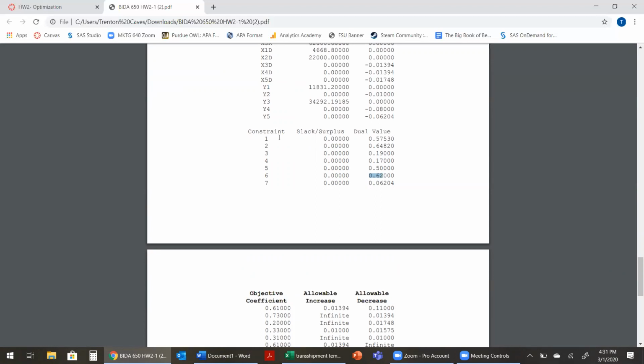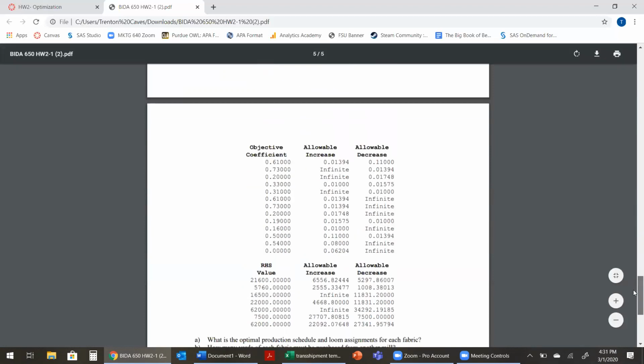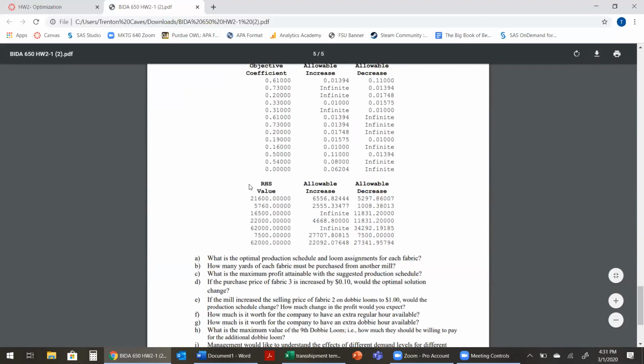So this is where it might be helpful next to this 1 through 7 to just write out constraint 1, regular capacity, constraint 2, Dobie capacity, constraint 3, fabric 1, constraint 4, fabric 2. Just anywhere you see those, and then do the same thing down here with your right-hand side values.